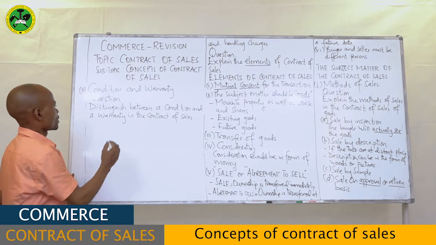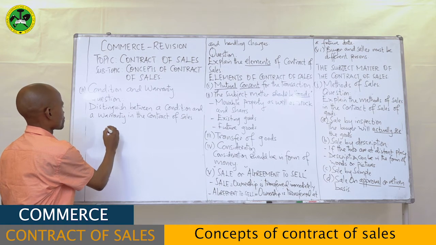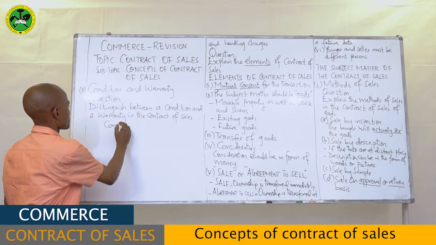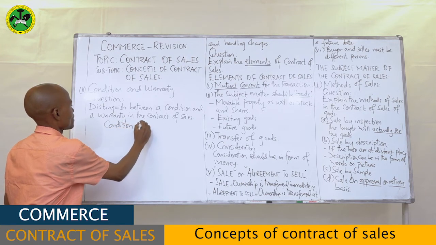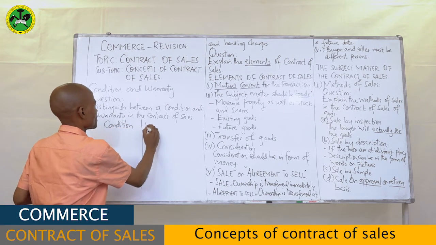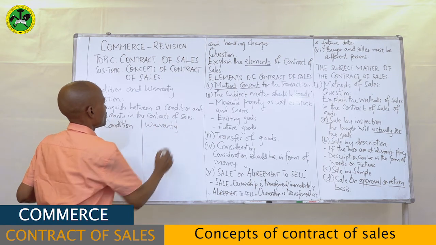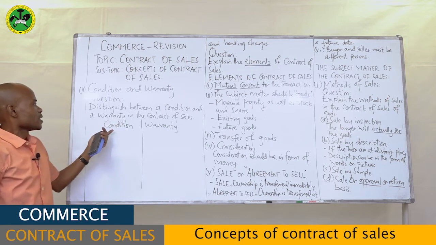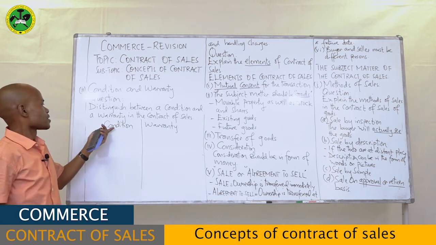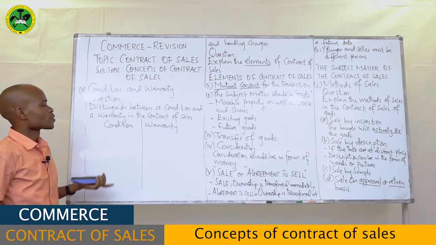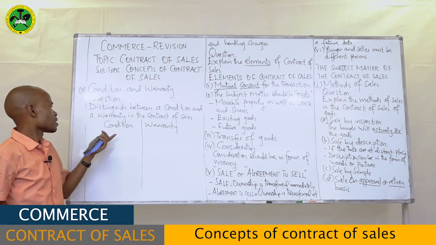So here we have the following differences. A condition, and on this side a warranty. A condition is a stipulation which is essential in the contract.